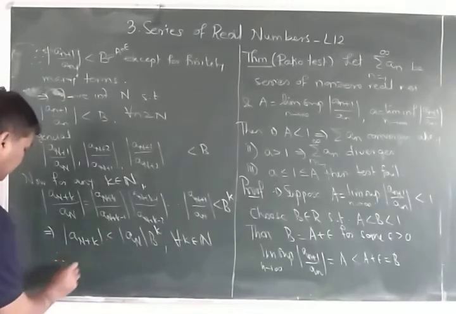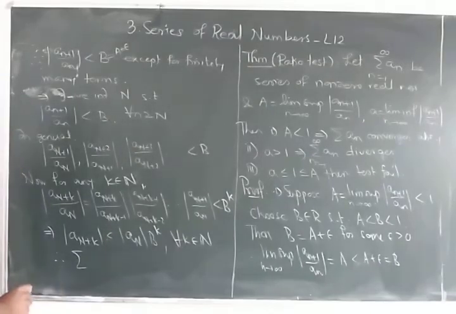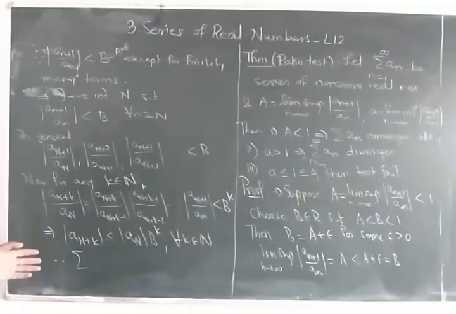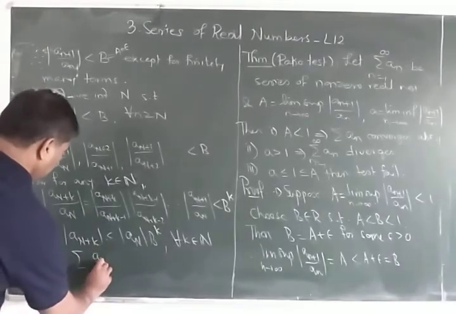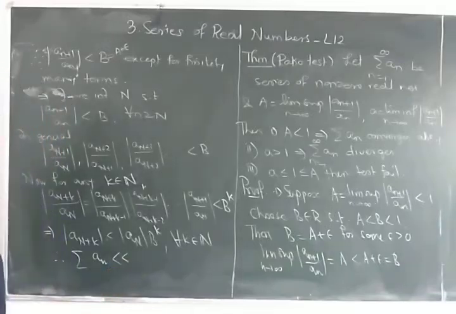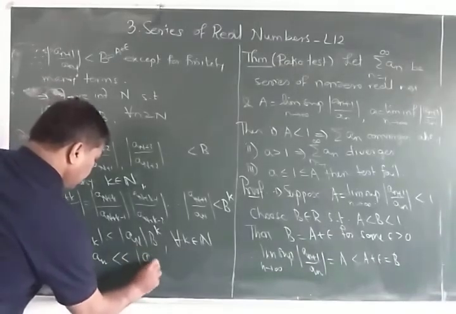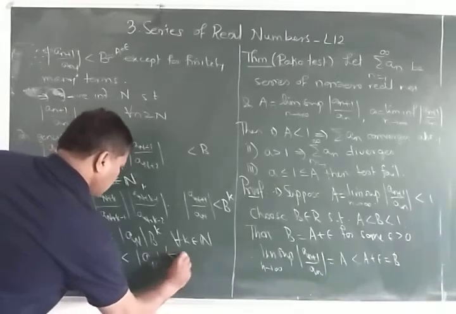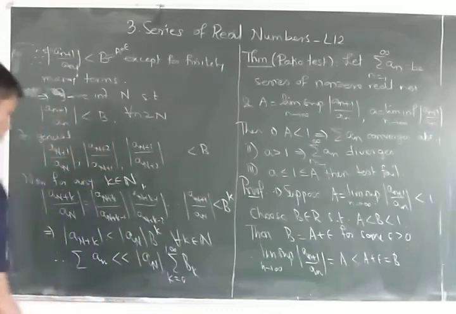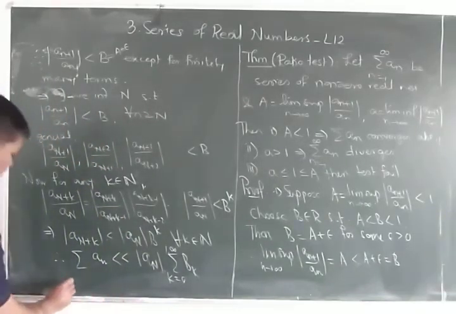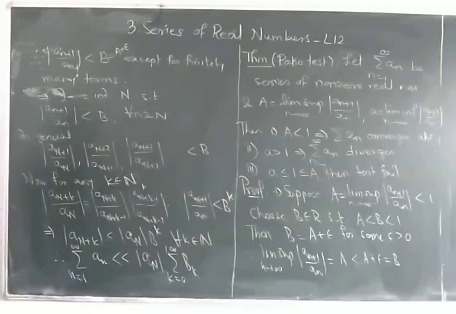And therefore summation of a_n is dominated by mod a_N into summation of B^k, k equal to 0 to infinity, and here n equal to 1 to infinity.